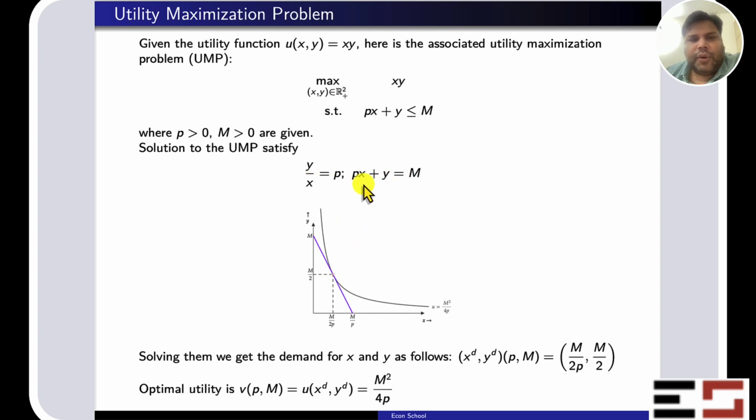If we solve these two equations for two unknowns, we get the demands: x is m by 2p and y is m by 2. The corresponding level of satisfaction at the optimum, if you plug the demands into the utility function, is x times y, which is m squared by 4p. So this is the indifference curve corresponding to satisfaction level m squared by 4p, and this is the optimal point.